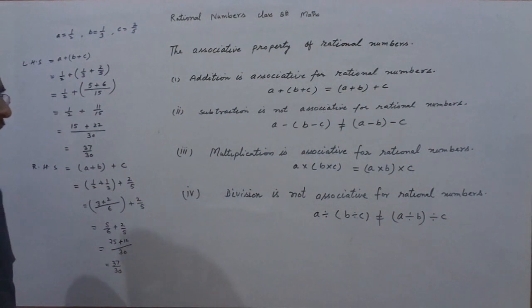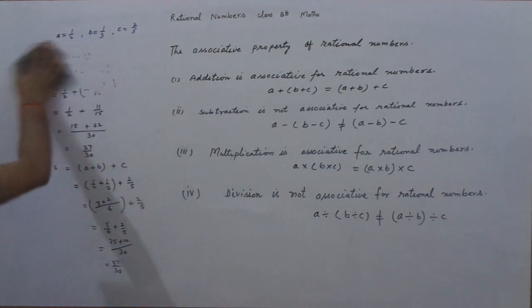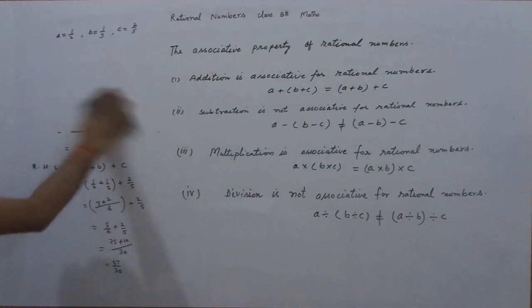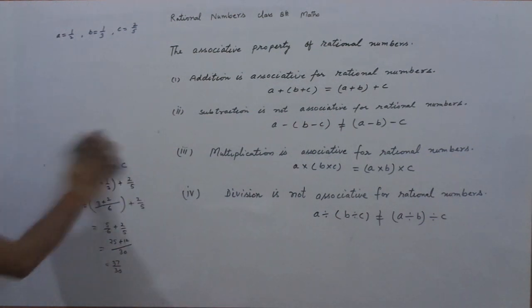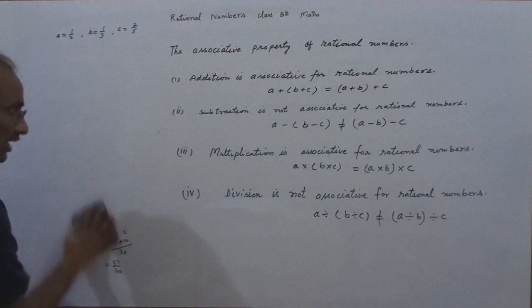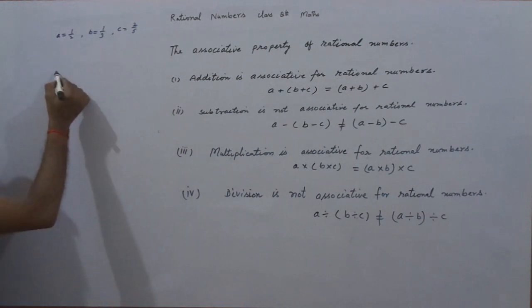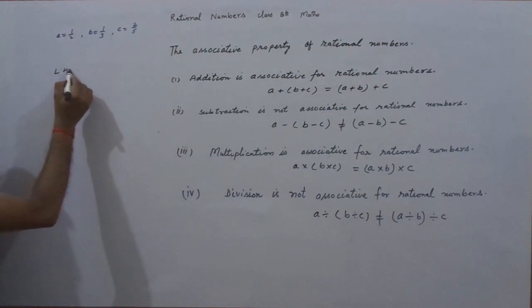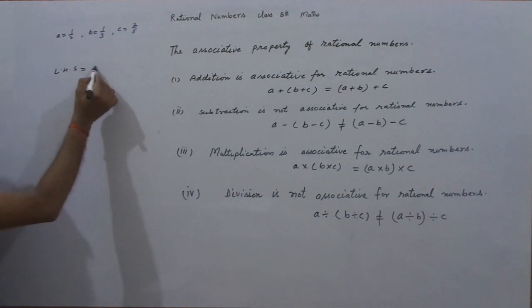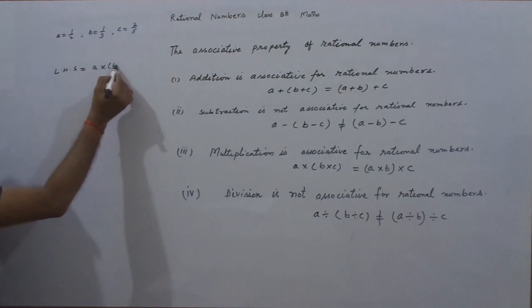You can also check it for subtraction. Now take multiplication is associative for rational numbers. So on taking the left hand side, it is (a × b) × c.